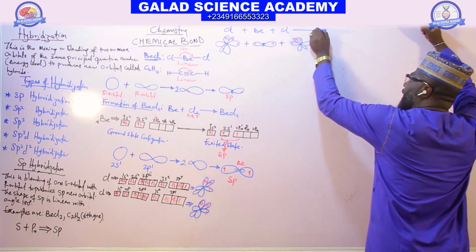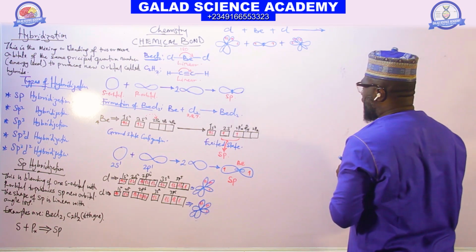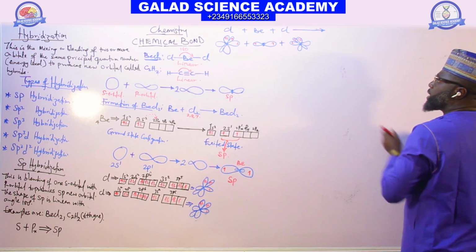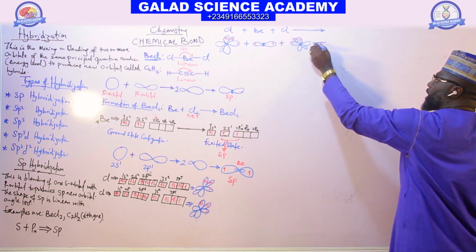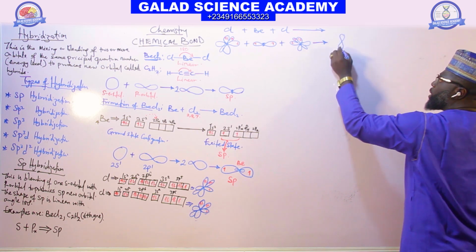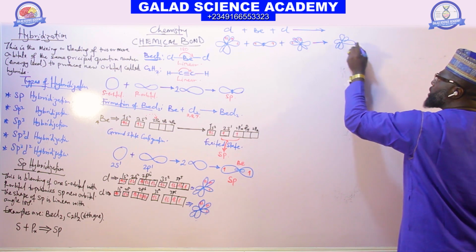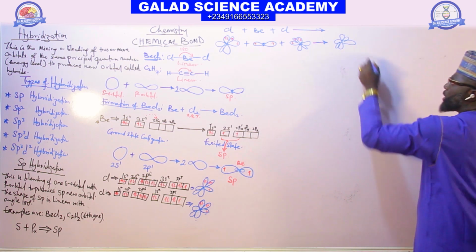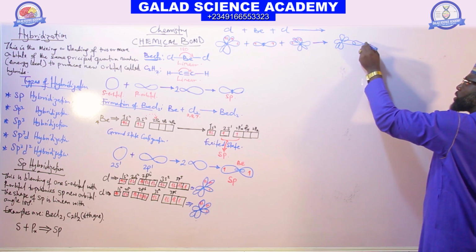So when they now add together, here it will give me this with this, then overlap with this one.